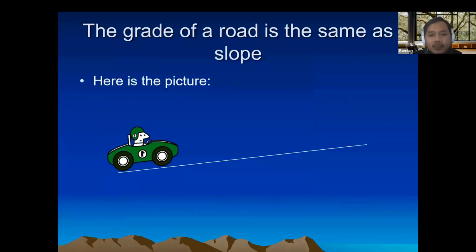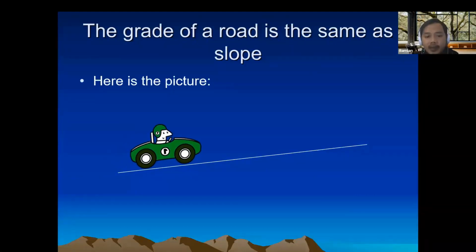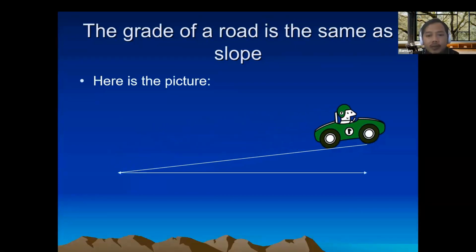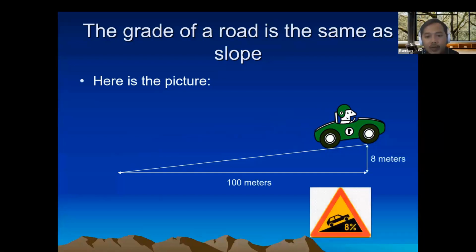So what does 8% mean? Okay, so here is the picture. If we have a car going like that, and then we have a straight road going like this, and in here we have this value here and this value here. What do you think is the connection between those two numbers with the sign?